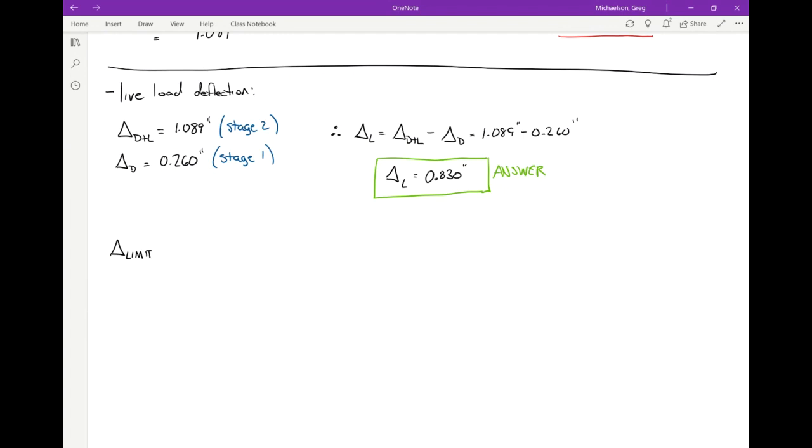So determine if this beam meets ACI requirements and assume that it's a floor beam. Now, if it's a floor beam, I want you to help me out in chat. So we're looking at that ACI limit table, and we're looking at the top two rows. One is for a roof and one is for a floor. If it's a floor beam, our limiting deflection is L over what?